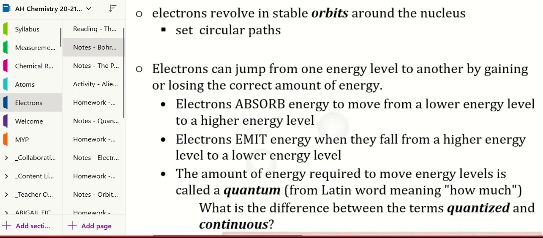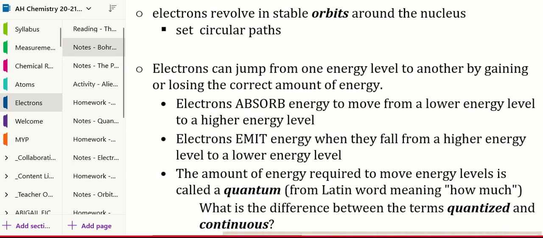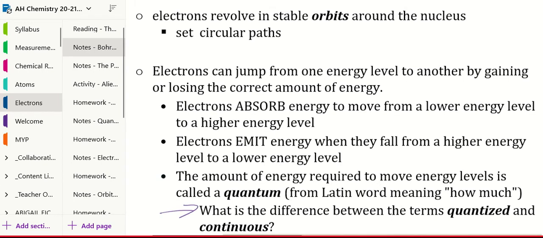So if you get this down, he said electrons orbit the nucleus in set circular paths. What Bohr studied when he described these energy levels in which electrons exist is hydrogen, which has how many electrons?